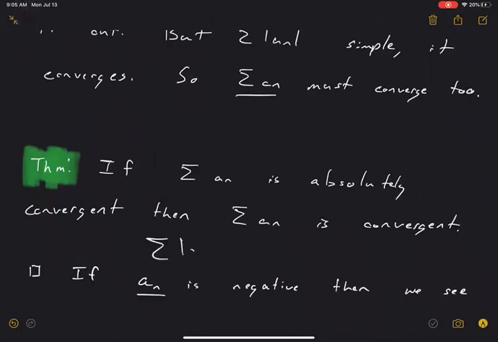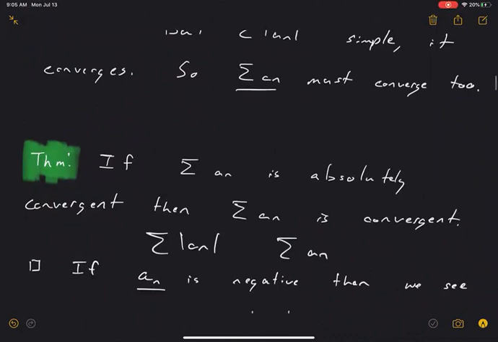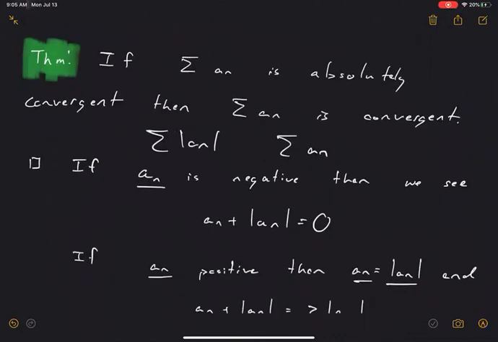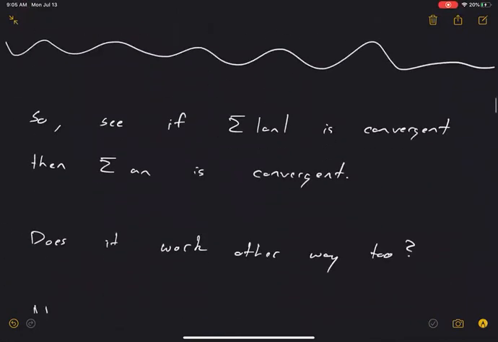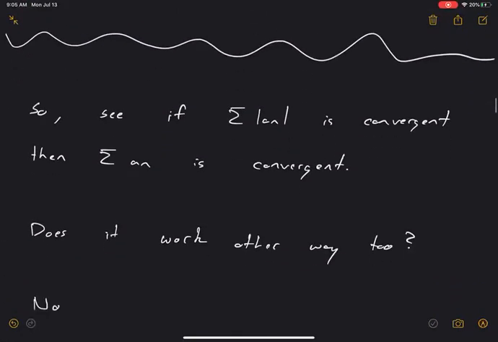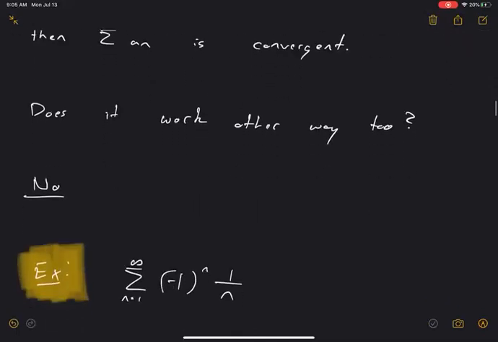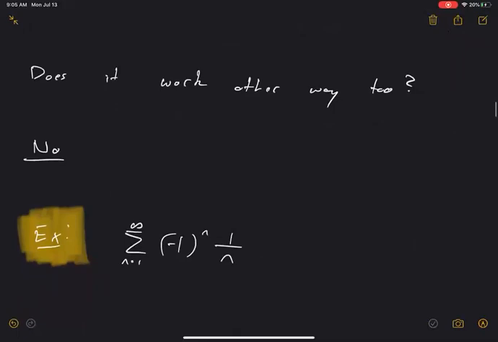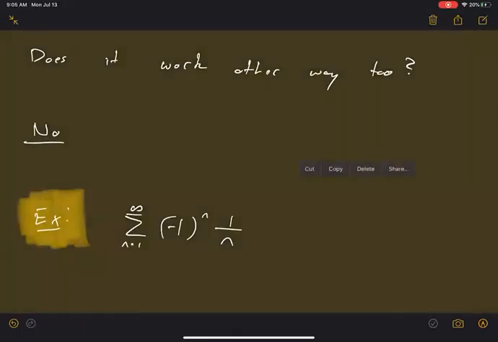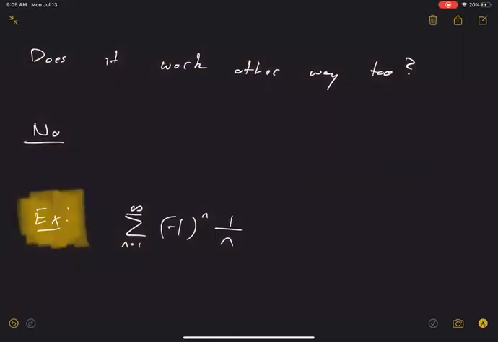Meaning, if this converges, then this converges. Does it work the other way too? That's an important question. If a sub n converges, does that automatically mean that the series of absolute values converges?